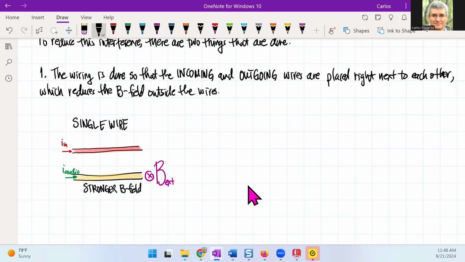But now if we have two wires, of course, with the opposite direction for the current, I'm now seeing something like this. I have a wire here, and you're putting these guys right next to each other. So in other words, I have the incoming current, and now I have the outgoing current.